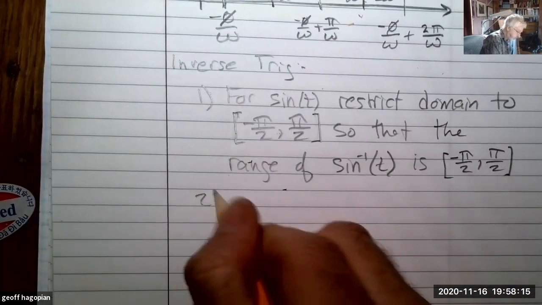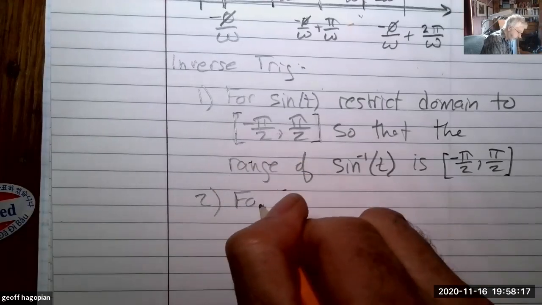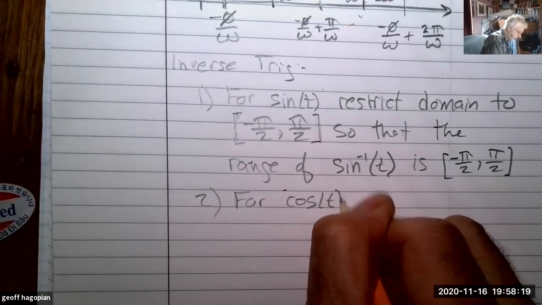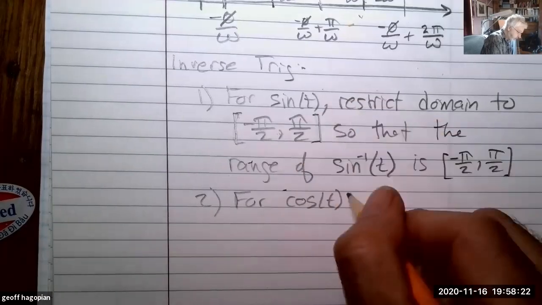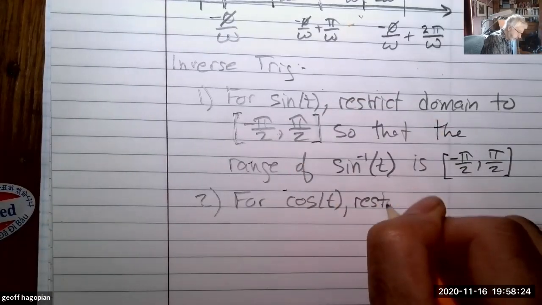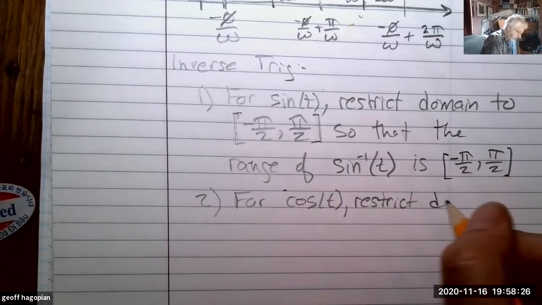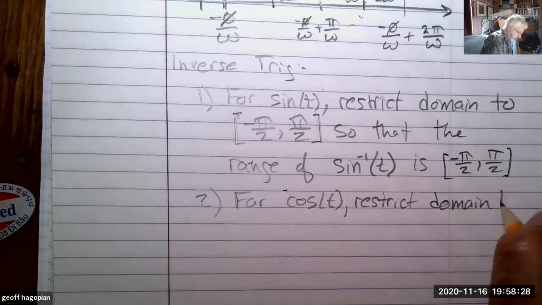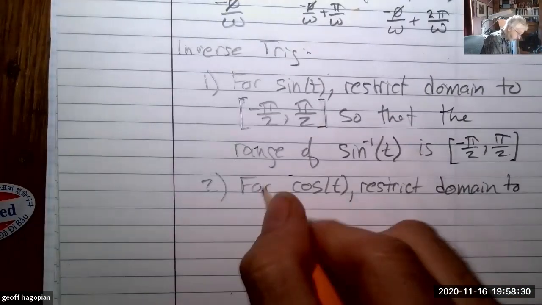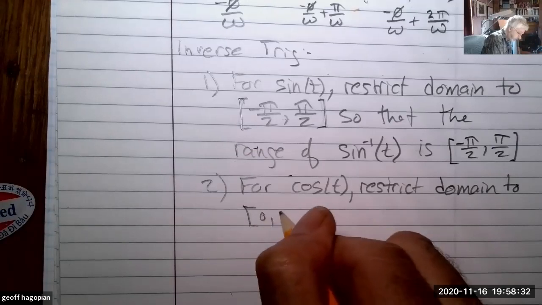And for cosine, we're going to restrict the domain from 0 to pi. The reason for this is so that it's 1 to 1, right?